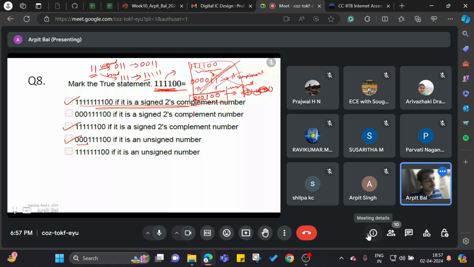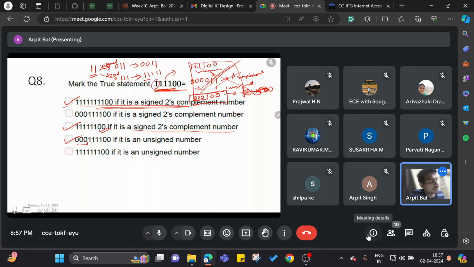So basically in the first part what they have done is they have added a few more ones. If you just extend the sign bit, that is the MSB, then the value of this number does not change. The same thing has happened with the third case as well. In the third case also they have added 2 extra ones, and that is also sign extension because it is mentioned that it's a signed 2's complement number.